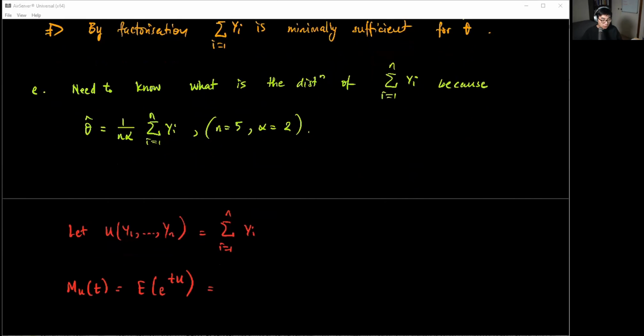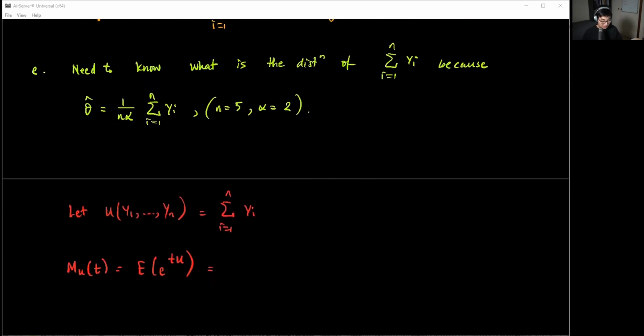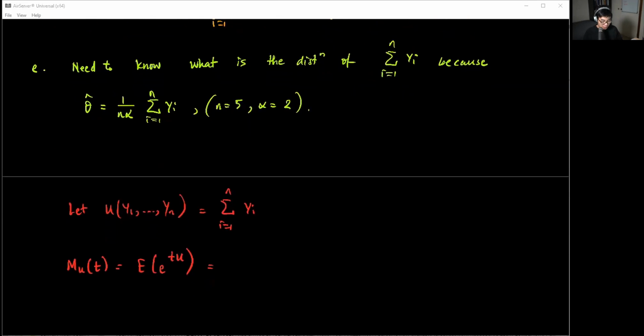And how can we do that? U is a function of y. So we can do something like this. This is a sum of y. So you can do this.